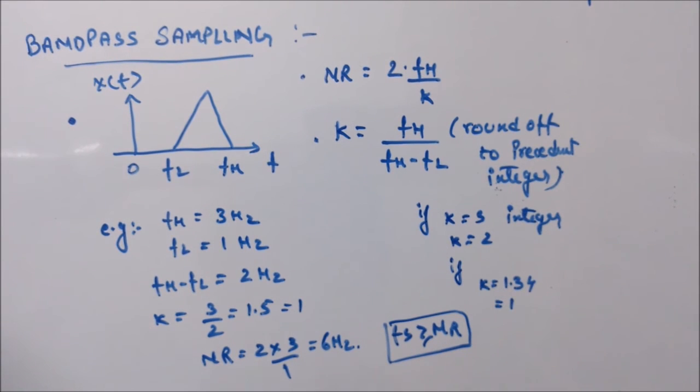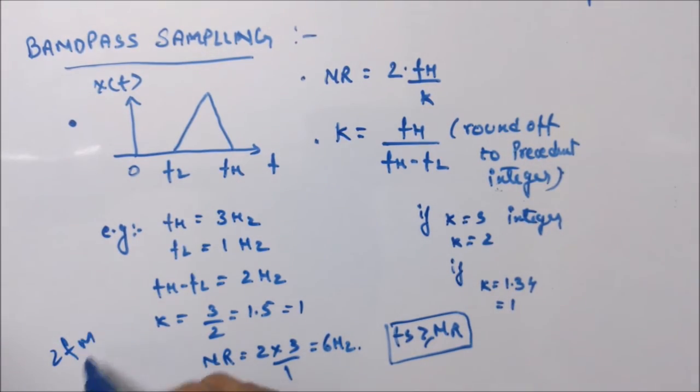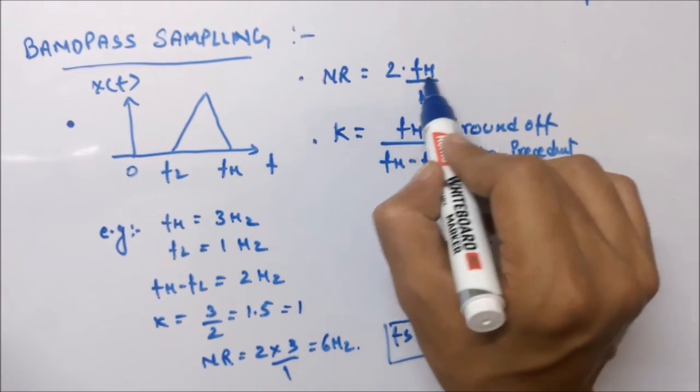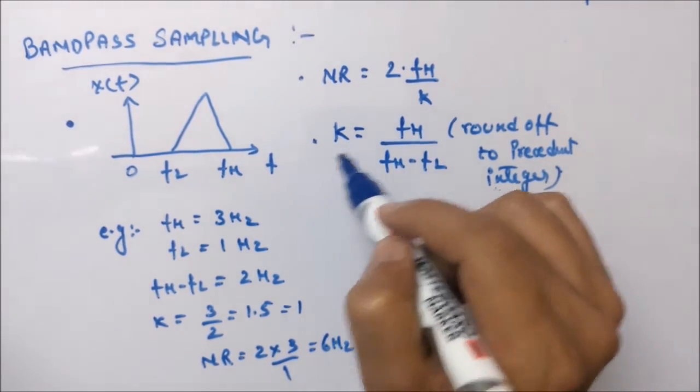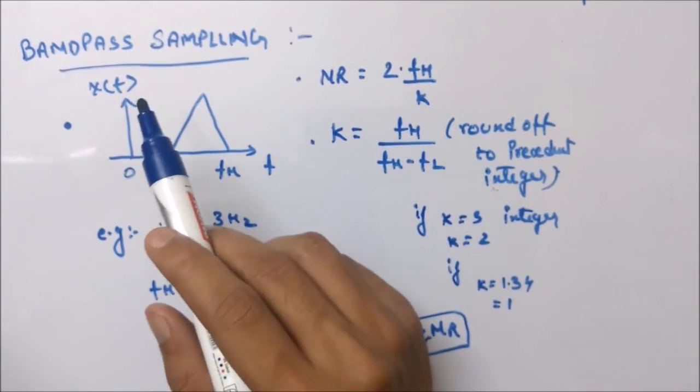And the Nyquist rate, if you remember, for a low pass signal was 2 fm, but here the Nyquist rate is not 2 fm. Nyquist rate is 2 into fh divided by k. So this is how you do sampling for the band pass case.